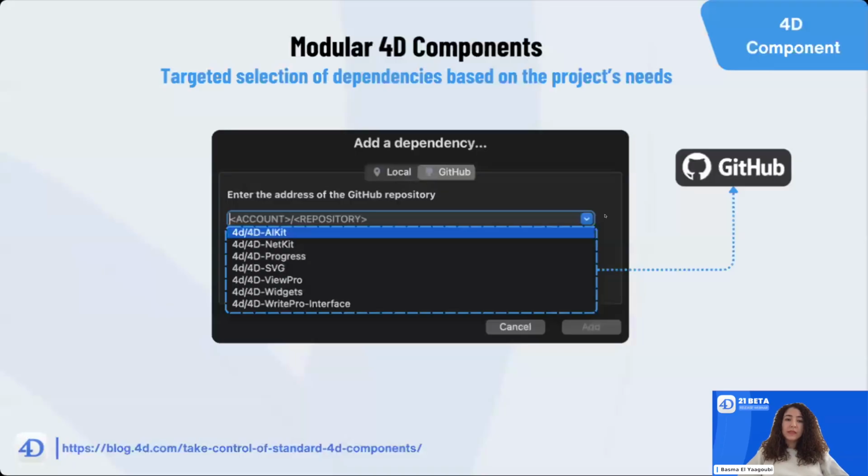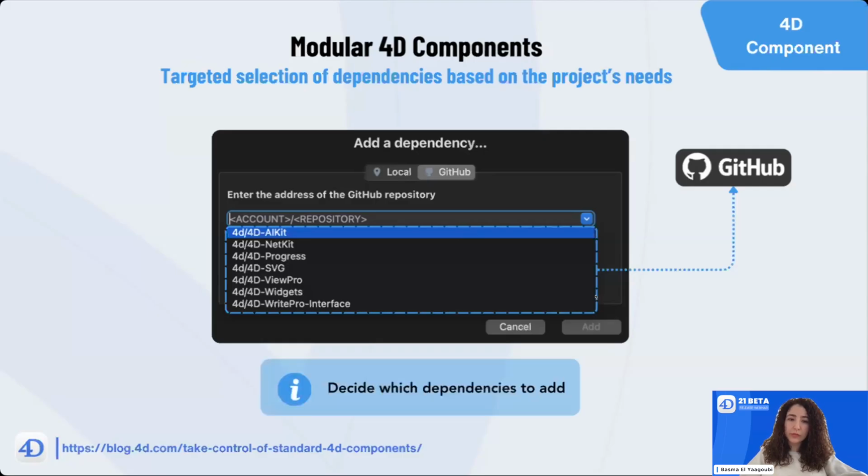Now, let us move to the next feature. For years, every 4D development environment carried more than it needed. Components arrived by default, regardless of whether they served your projects. Now, it worked, yet it never reflected the way developers think or build.